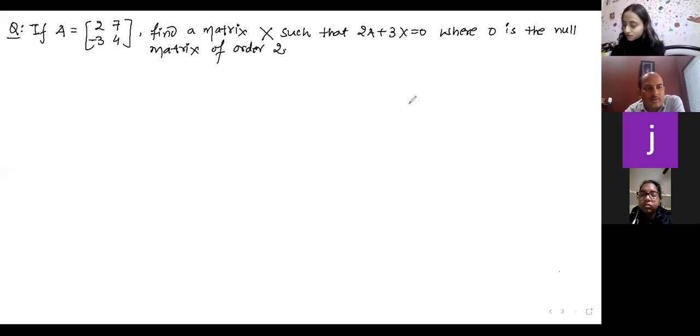The next question is, if A is equal to 2 7 minus 3 4, then I have to find matrix X such that 2A plus 3X is equal to 0, and 0 is the null matrix of order 2. How do I go about it?